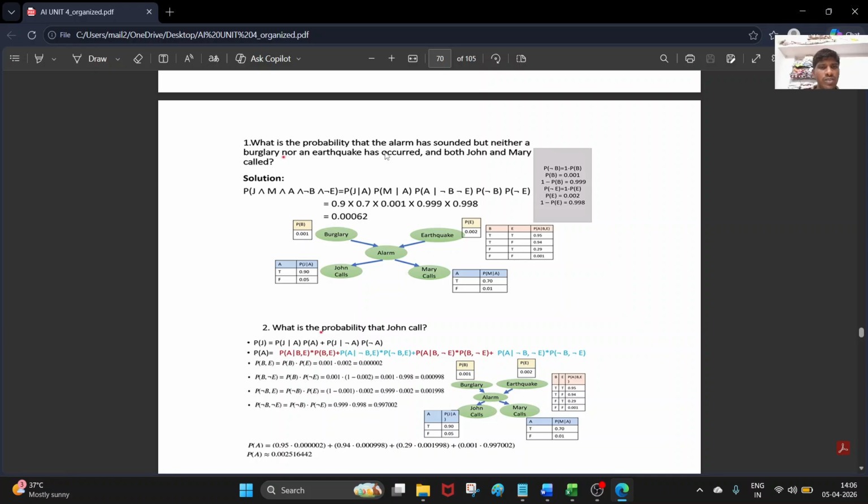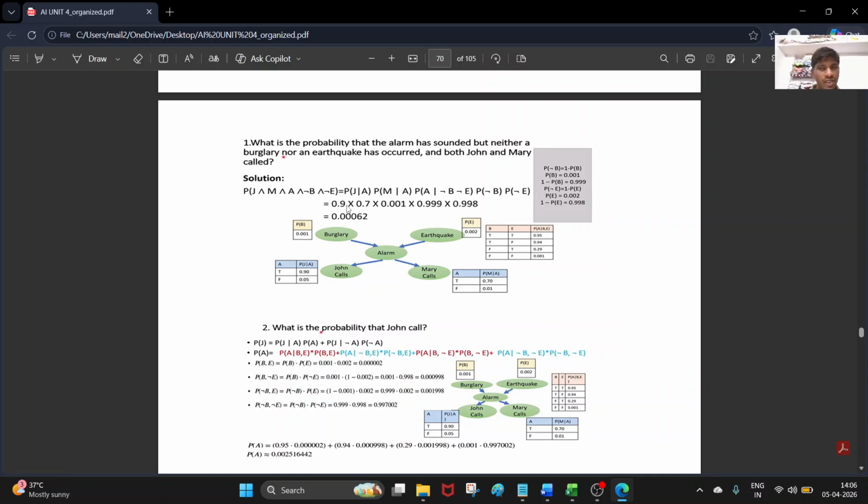So we have to calculate the probability that the alarm has sounded, but neither a burglary nor an earthquake has occurred, and both John and Mary called. We can calculate the joint probability P of J, M, A, where J is John calls, M is Mary calls, and the alarm has rung when there is no burglary and no earthquake.